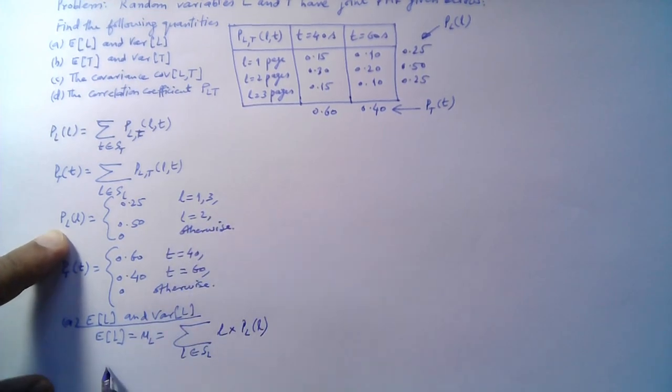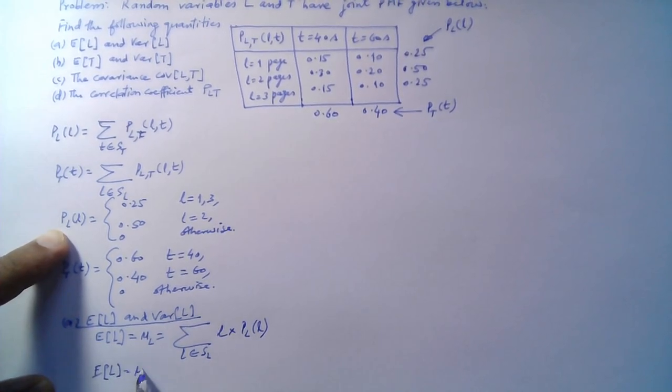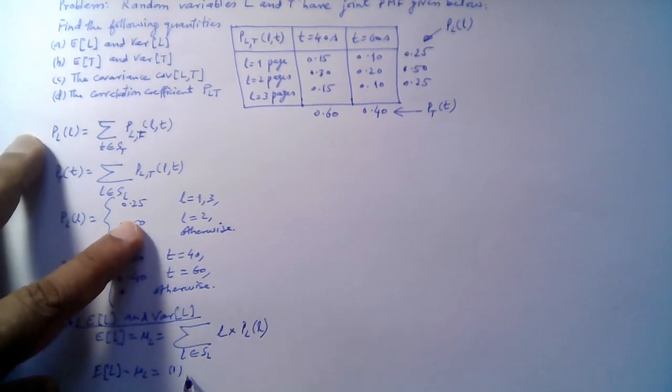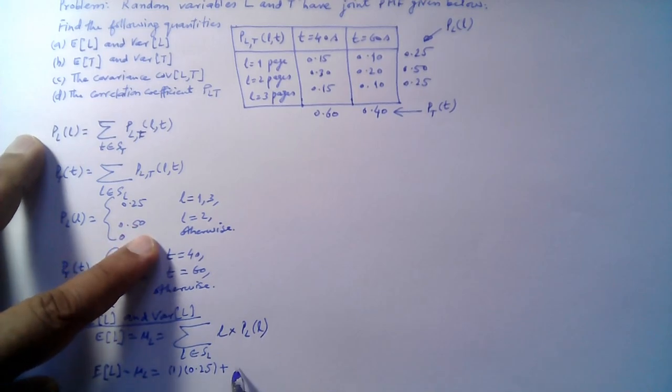So expected value of L or mu L is equal to 1 multiplied by 0.25 plus 3 multiplied by 0.25 plus 2 multiplied by 0.50.